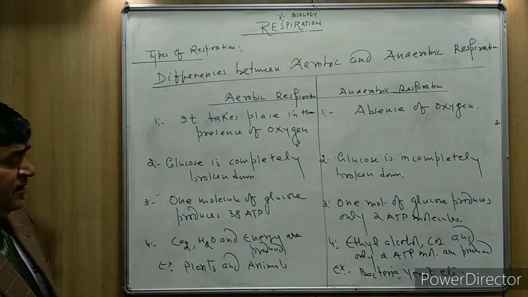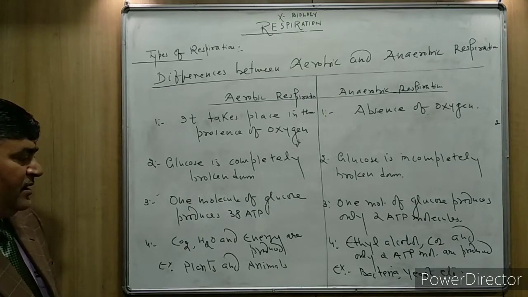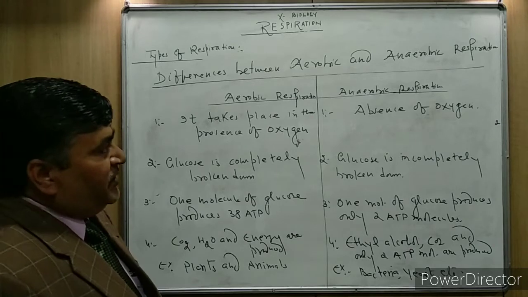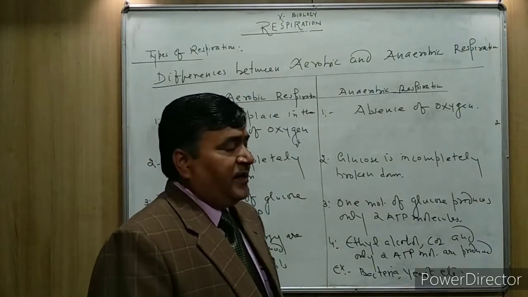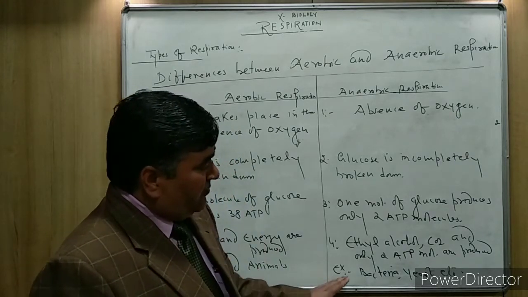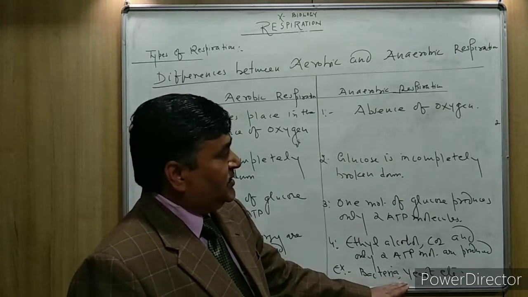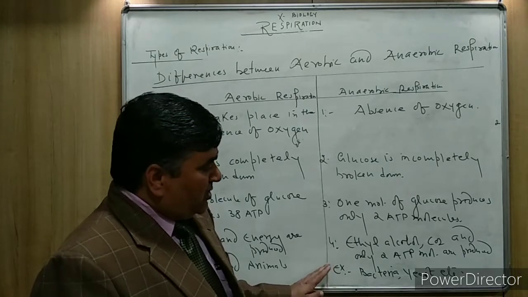Aerobic respiration takes place in plants, animals, as well as in human beings. But mainly the process of anaerobic respiration takes place in microorganisms such as bacteria, yeast, etc.